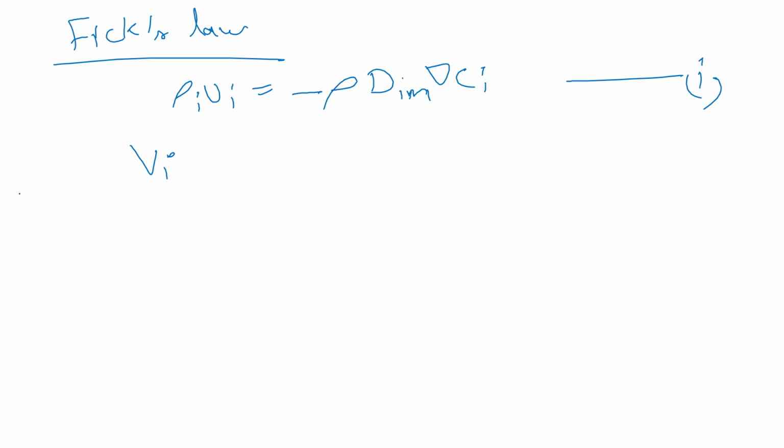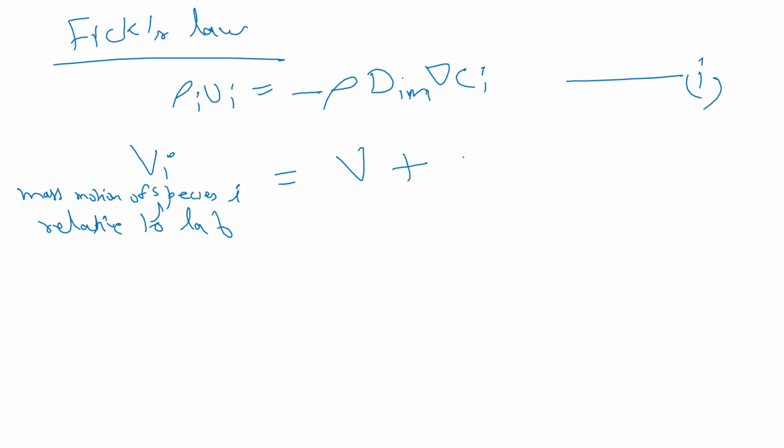Vi means the mass motion of species i relative to the lab. It will be equal to velocity V plus ui.